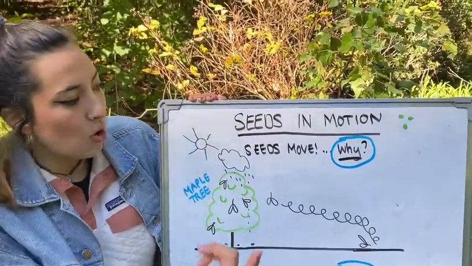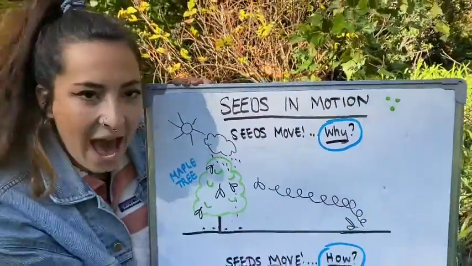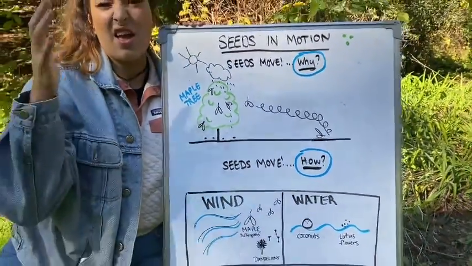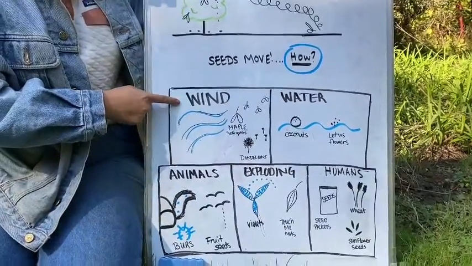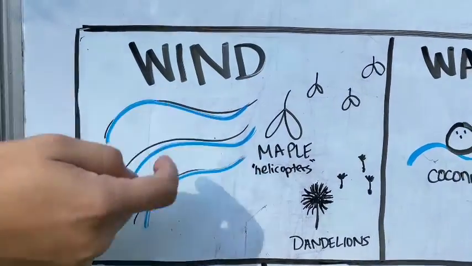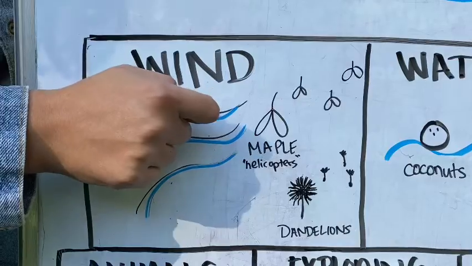Now that we know why seeds move, let's think about how they move. Seeds move in about 5 different ways. The first way that seeds move is by the wind. So just like I just talked about, our maple seeds are one of the seeds that use wind.